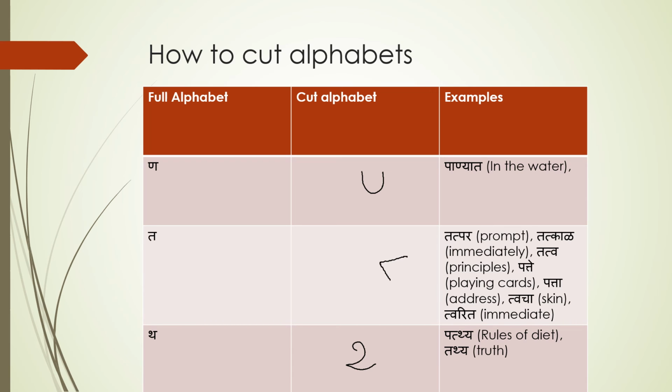And when T is attached to itself, the half T is only given as a small horizontal dash or a sleeping line dash, and the second T is written full. So example is patte, which is playing cards, or patta, which is an address. Then you have an example called twacha and twarit. Th, again the standing line is missing, so examples are pathya or tathya.